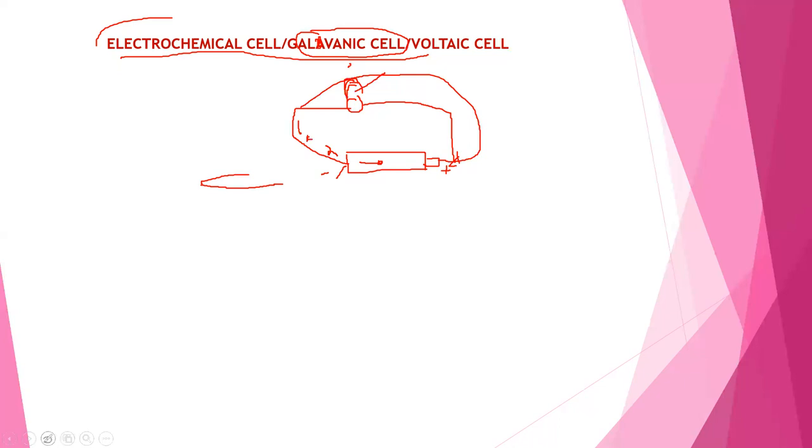So how does this cell look? For example, let's see the electrochemical cell when the half cells of zinc and copper are connected.